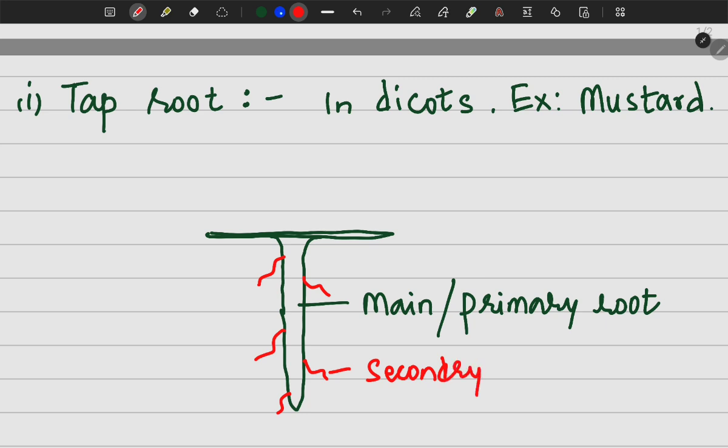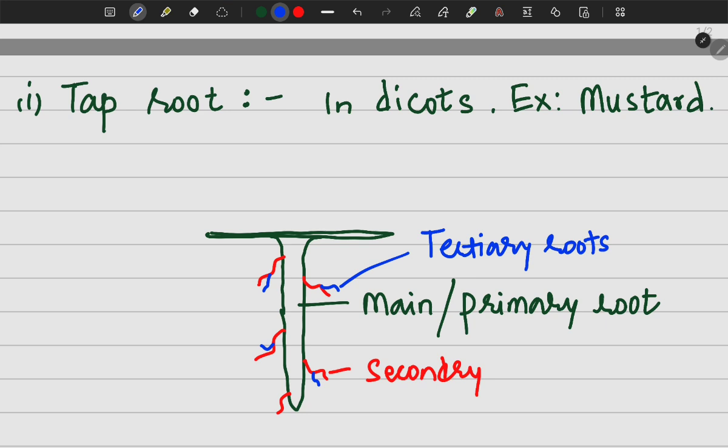Then these secondary roots can have further smaller roots coming out of them. These will be called tertiary roots. So in this way, different orders of lateral roots come out of the primary root.